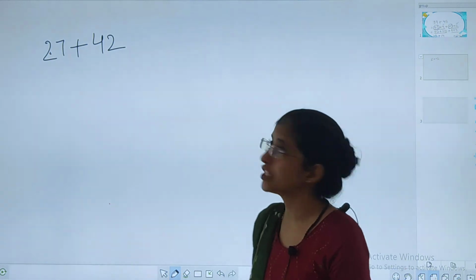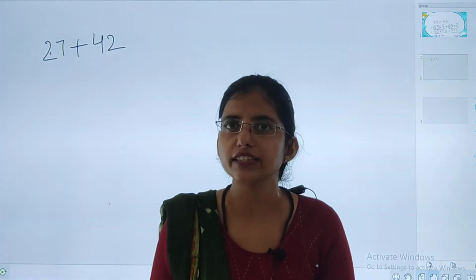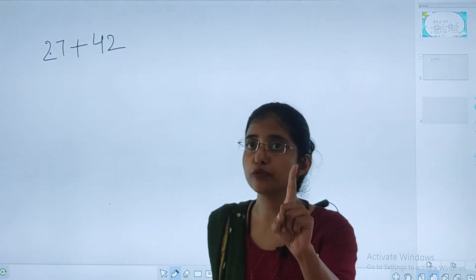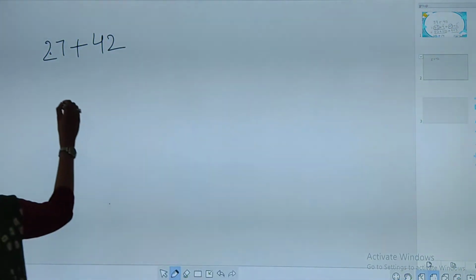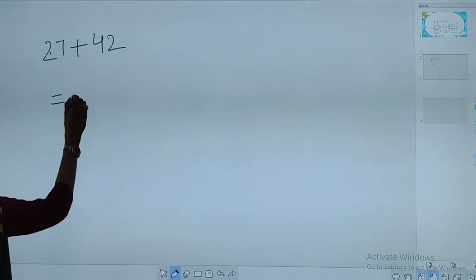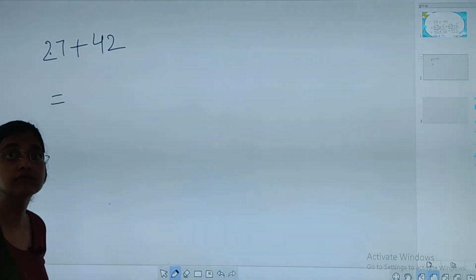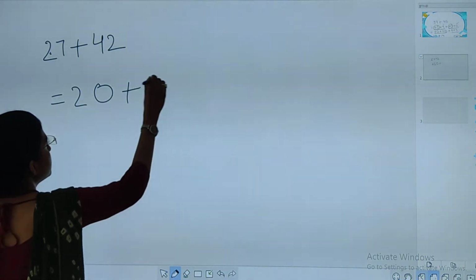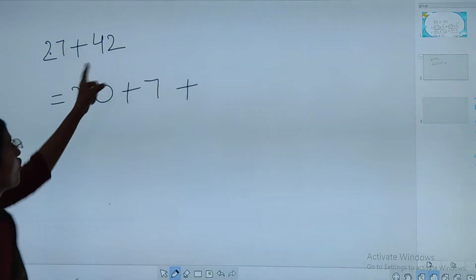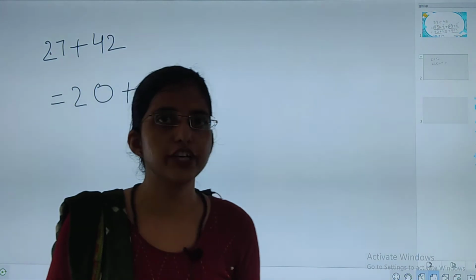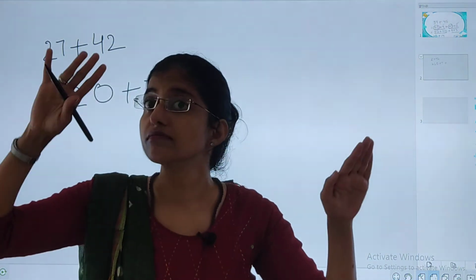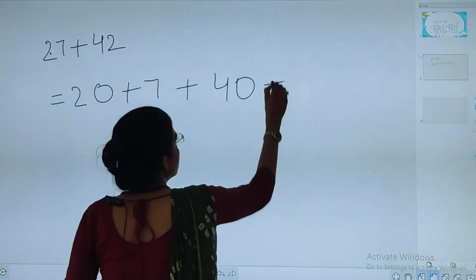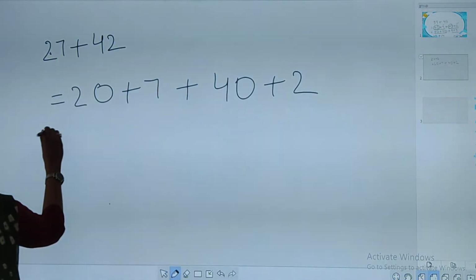27 plus 42. Come on children, fast, tell me how you will break 27. First step is to break the number. So we can write 27 as 20 plus 7 plus 42. How can I break 42? 40 plus 2. 40 plus 2, very good.